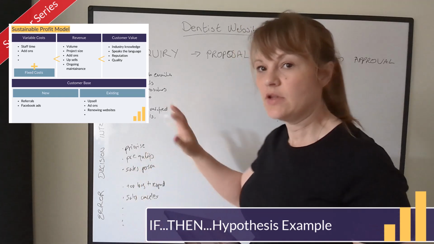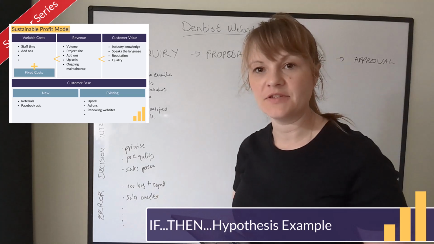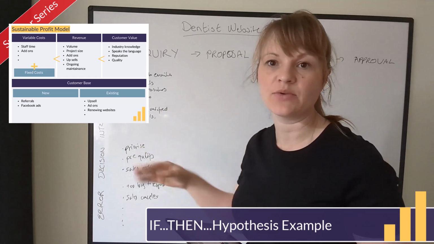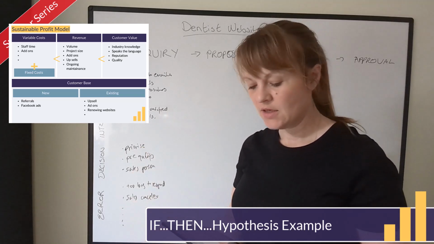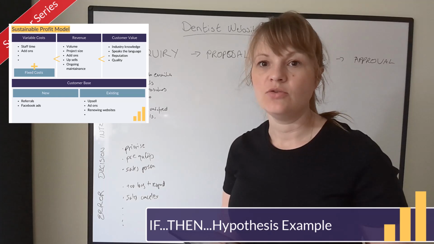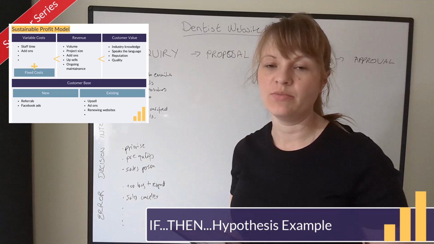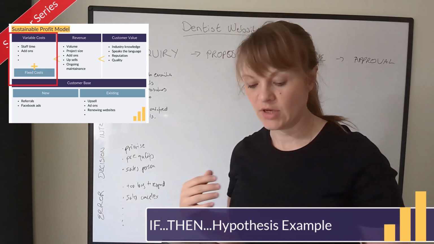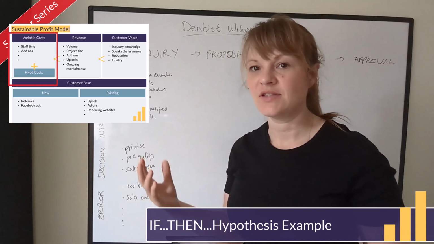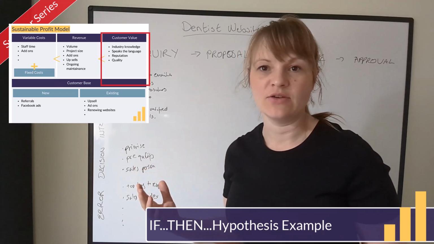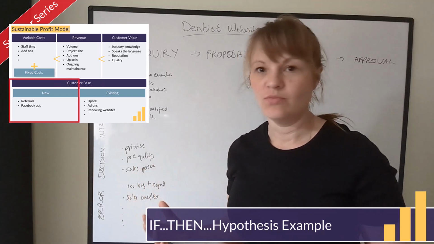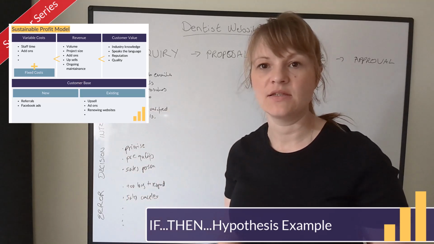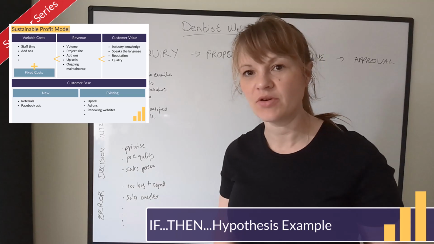Normally you would have a lot more than this filled out in the aid model because you would have been through every single step, but let's just stick with this just to make life easier. So the if-then model, you look at things you want to improve on your sustainable profit model. So you're always looking to reduce variable costs, increase revenues, increase value to the customer, get more new customers, or have existing customers come back more. All of those things should increase your sustainable profit.